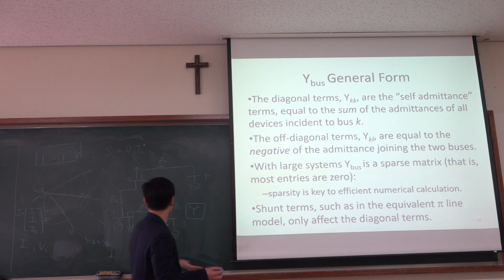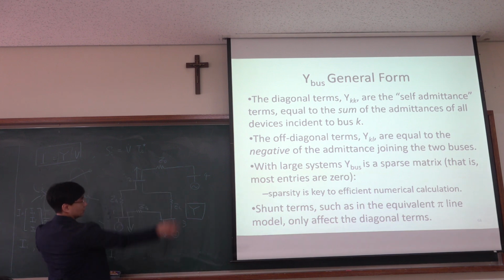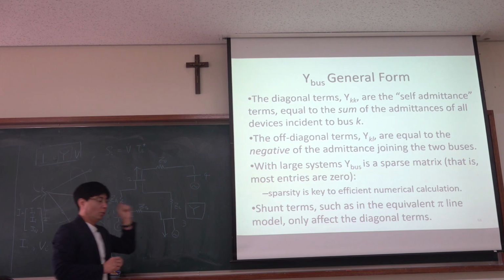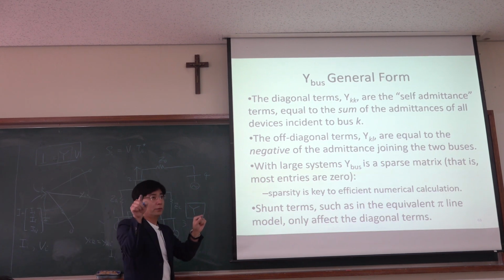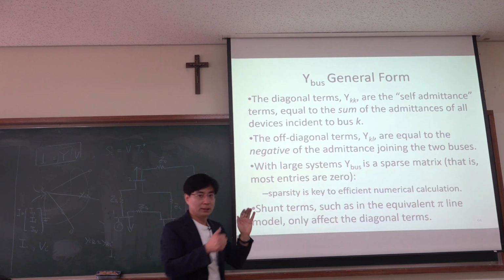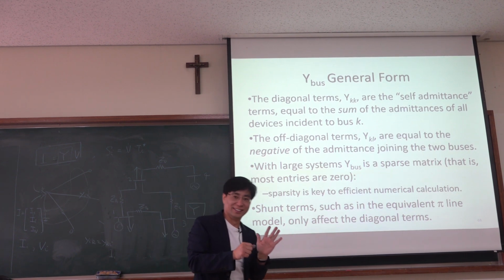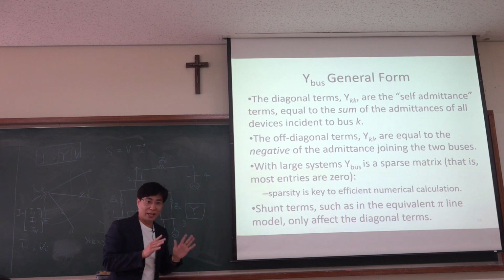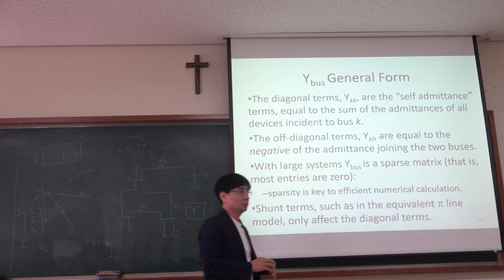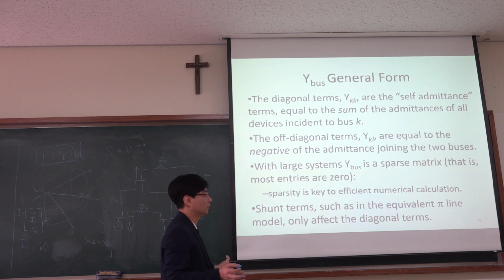The reason is that although we have 4,000 buses, one bus is connected to only a few buses, like 3, 4, 5, 6, 7, 8, sometimes 10. So most of the terms are 0.